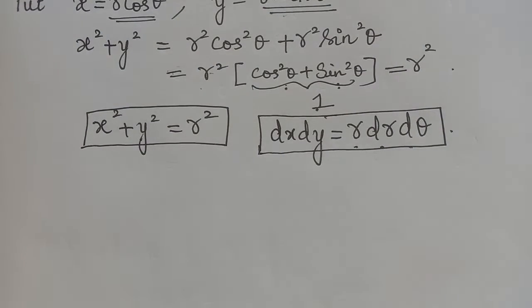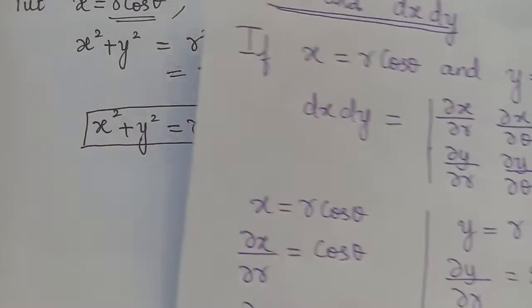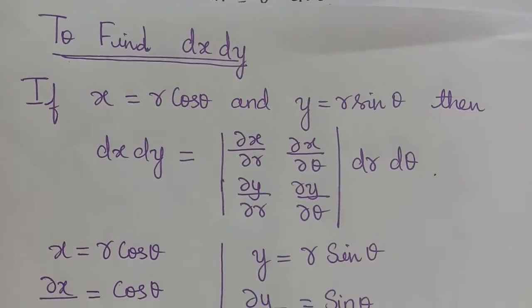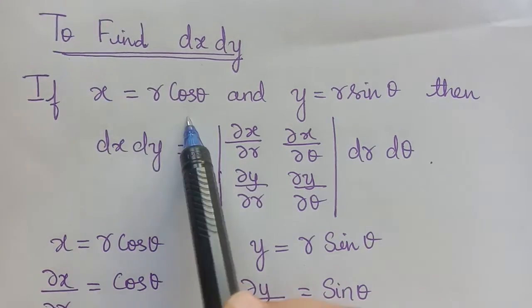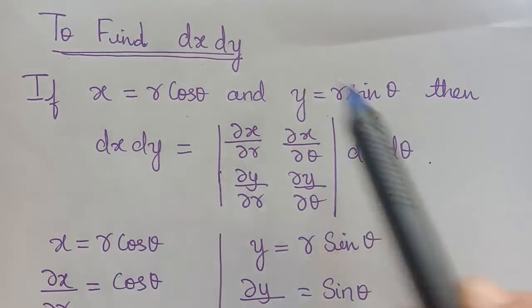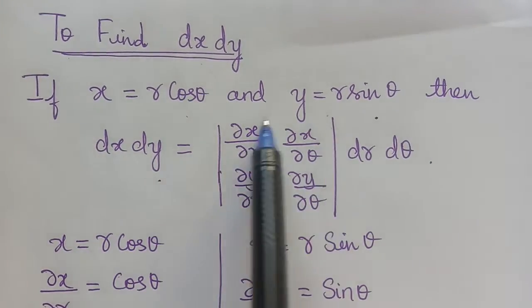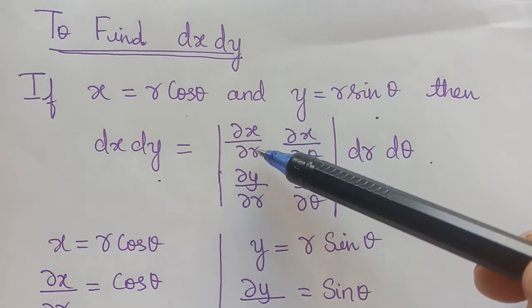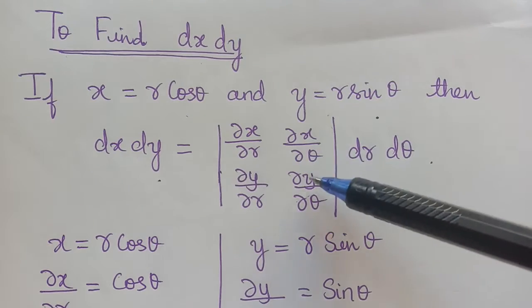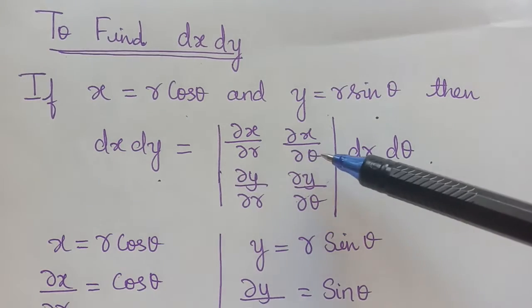This we have learnt in one of the previous differential calculus papers under the topic Jacobian. So in order to find dx dy when x is r cos theta and y is r sin theta, the formula is the Jacobian of this, that is dou x dou y with respect to dou r and dou theta.